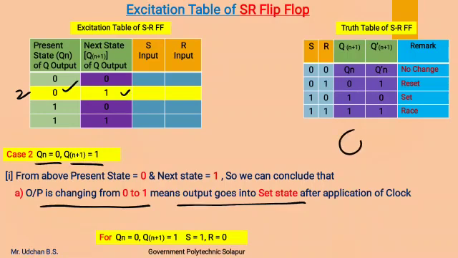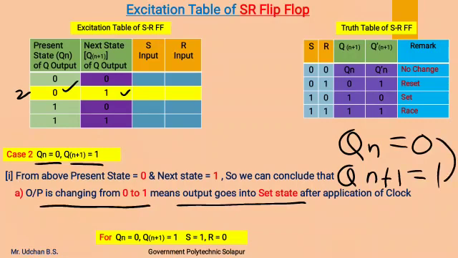Before the application of the clock pulse Qn was 0, and after the application of the clock pulse Qn plus 1 becomes 1, meaning it changes from 0 to 1. When Qn plus 1 is 1, that is the output is in set state, the input combination of S and R is 1 0. Therefore for the second case the value of S will be 1 and the value of R will be 0.